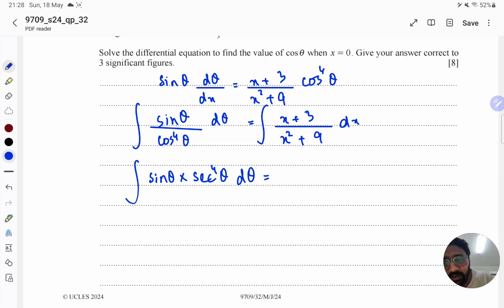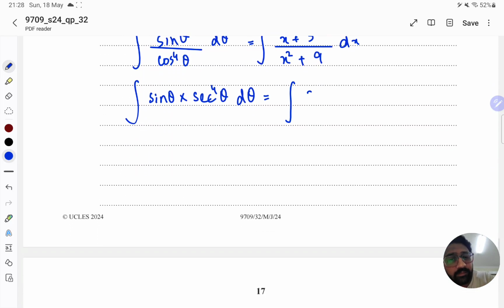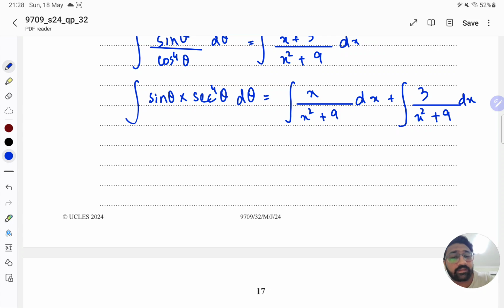Integration of this, and on the right hand side I'll segregate both of them. It will become integration of x divided by x square plus 9 dx plus integration of 3 divided by x square plus 9 dx.